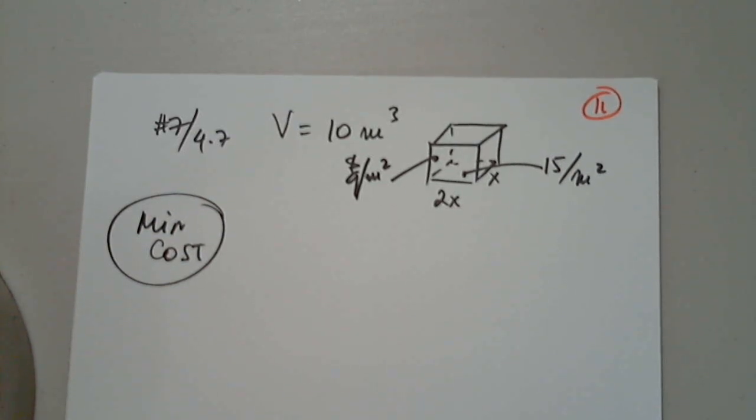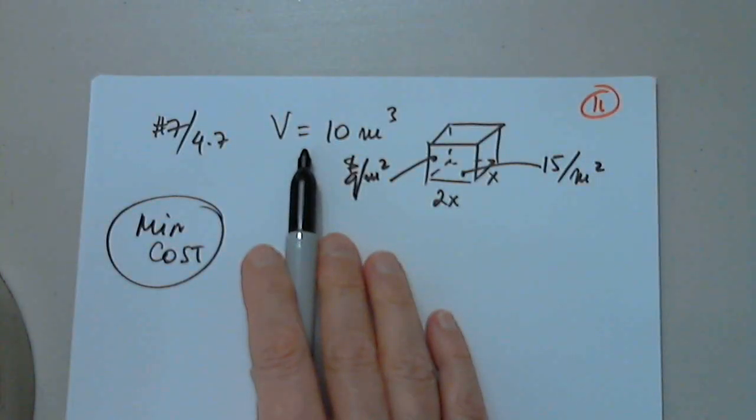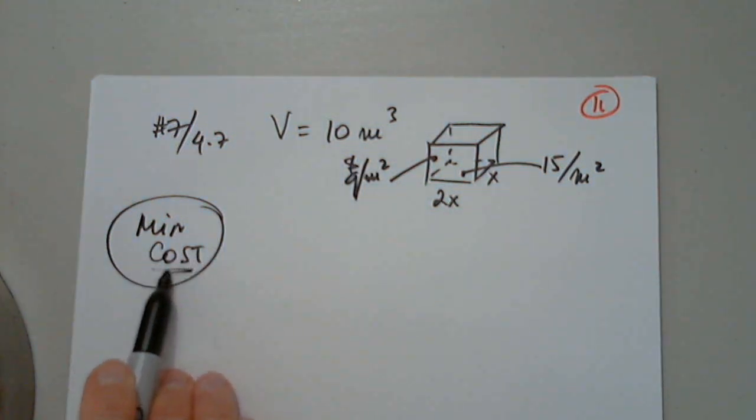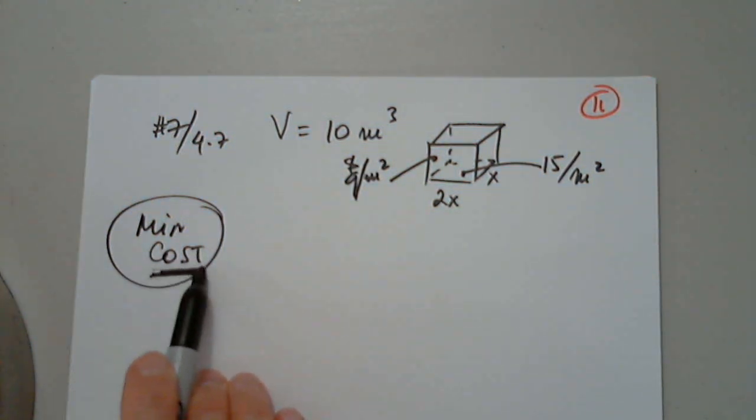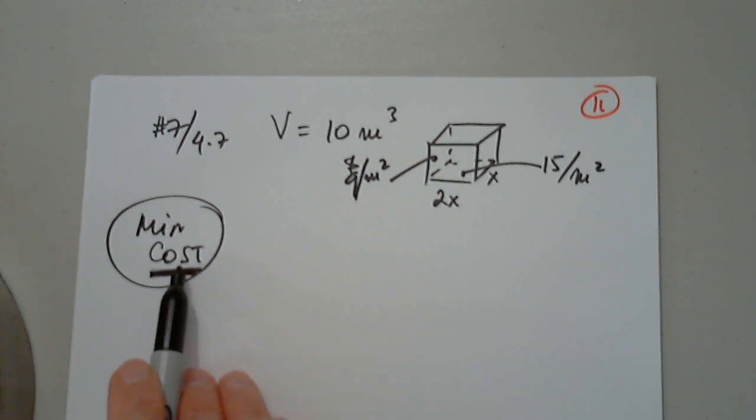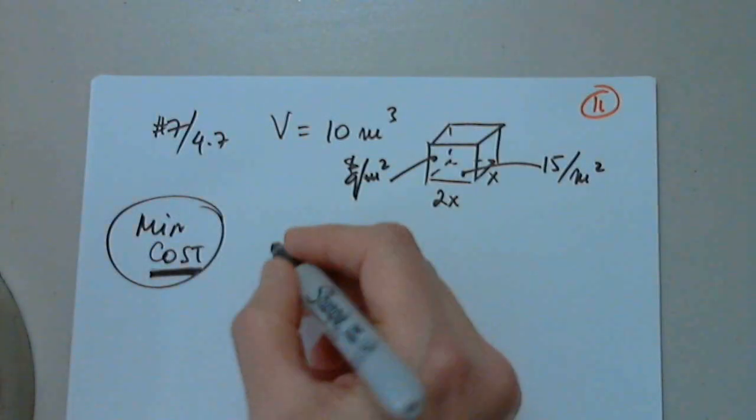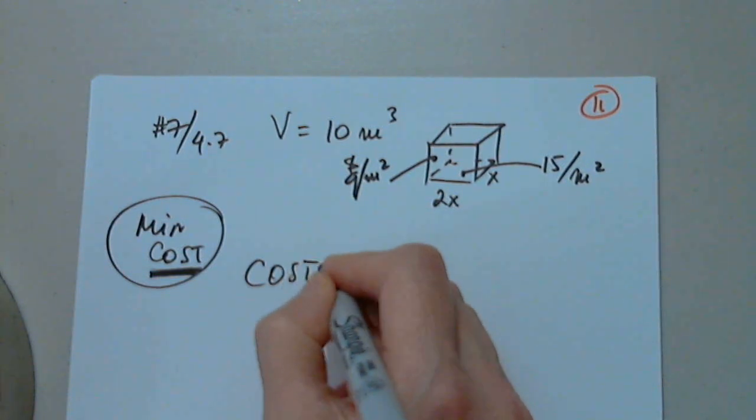So first of all, I start with what I have. I have the volume. Remember, I have to build this function. I don't have the cost function yet. So let's start with the cost.